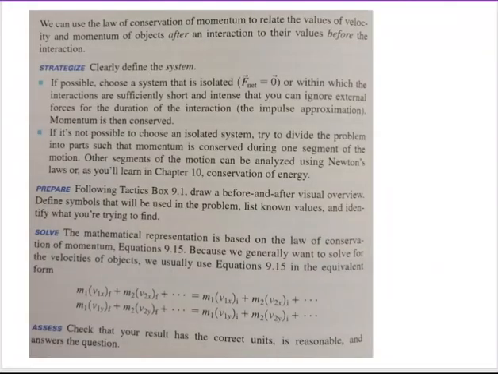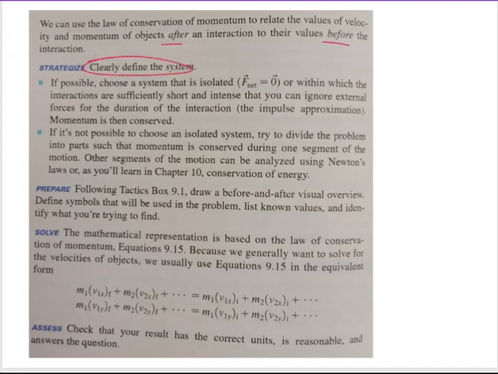So now we can use the law of conservation of momentum to relate values of velocity and momentum of objects after the interaction to their values before the interaction. So after relates to before based on velocity and the mass of the system. So clearly define the system. This is your strategy.